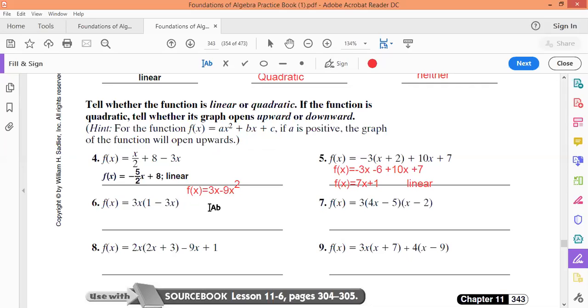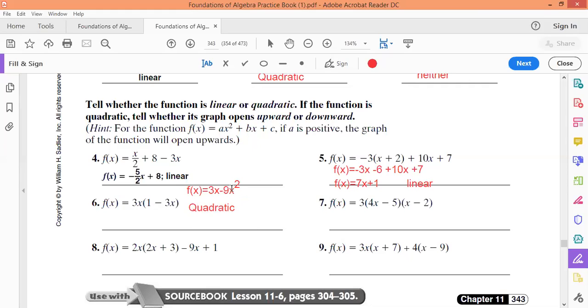So 9x power 2, 9x square. So what is the maximum power of x here? In this function, what did you see? The power of x, the greatest power. 2. So when it is 2, it will be quadratic. Nonlinear. Quadratic. And another thing, when it is quadratic, it should be upward or downward.